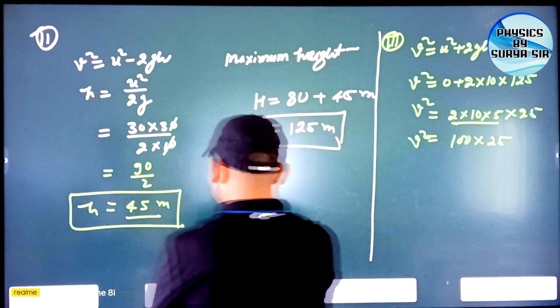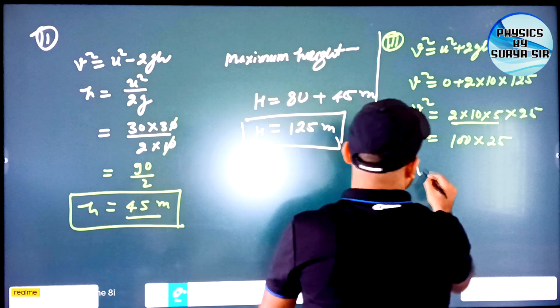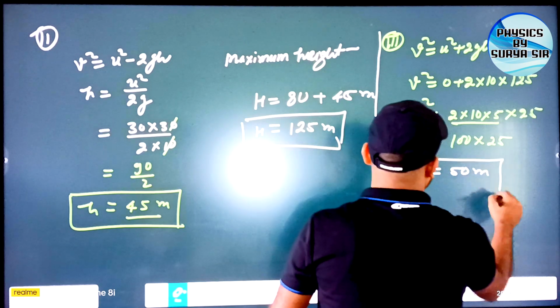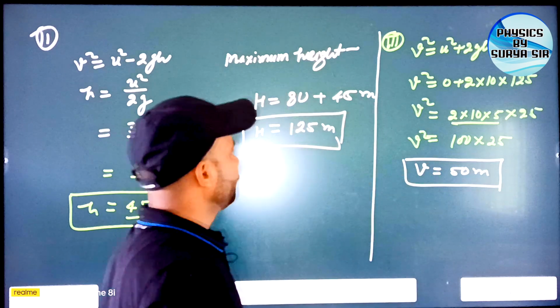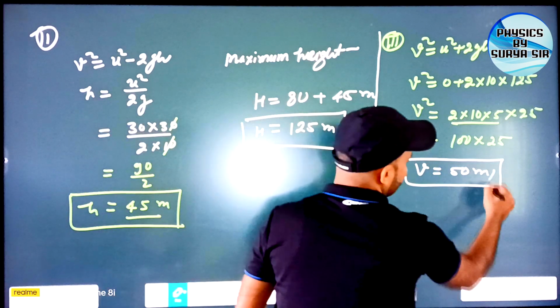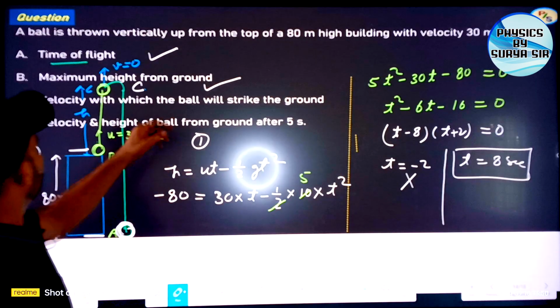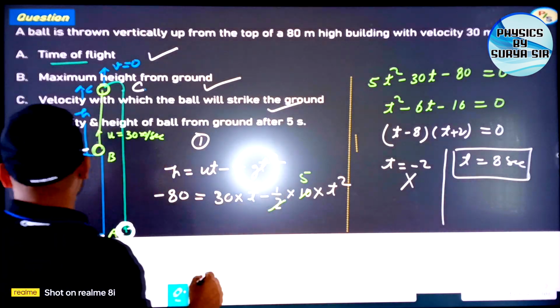This is v square. What will be the value of v? Take the root. This will be 10 into 5, 50. Velocity will be 50 meter per second. This is the third question.